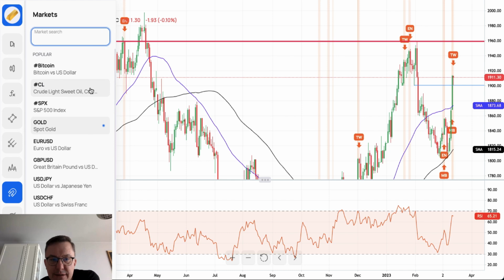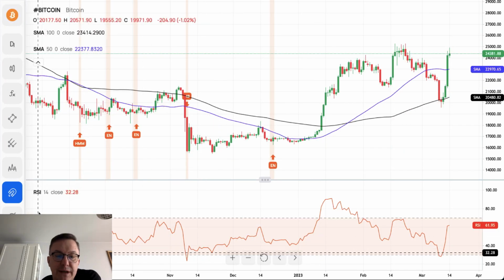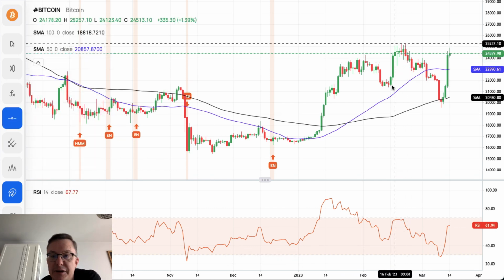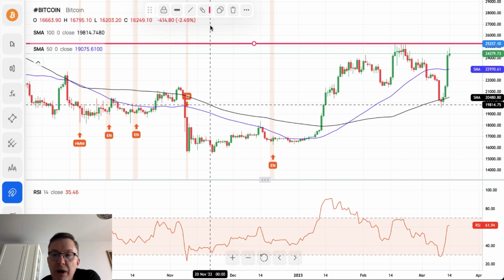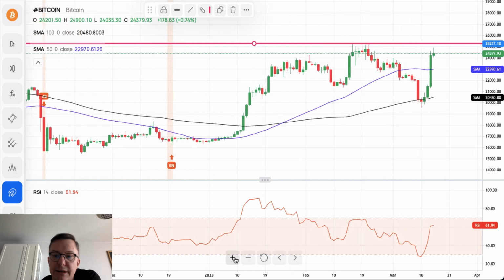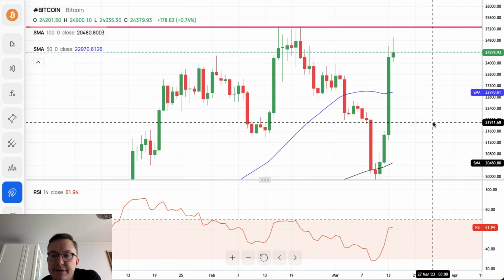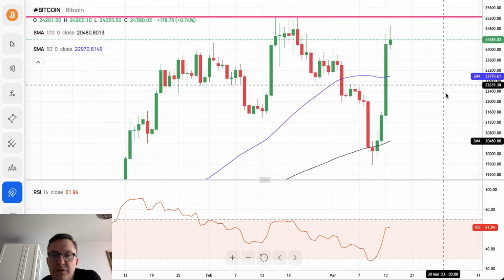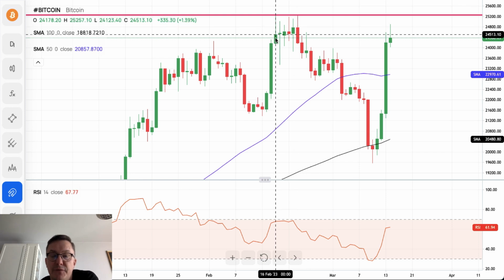And last but not least, let's take a look at Bitcoin, because Bitcoin is doing the same thing as gold, which is kind of interesting, that these two markets are correlated these days. We have this technical resistance here, waiting for bulls to test it, waiting for bulls to basically hit this level and tell us what they think about the level of 25,250, 25,257.